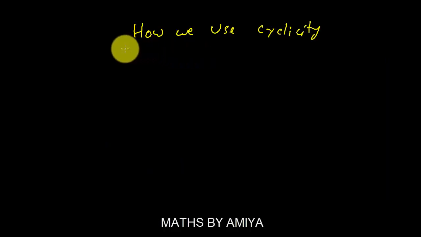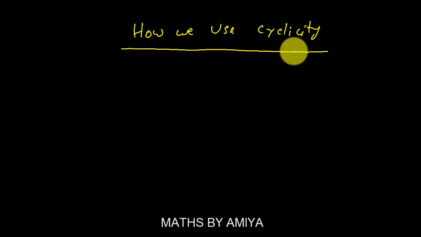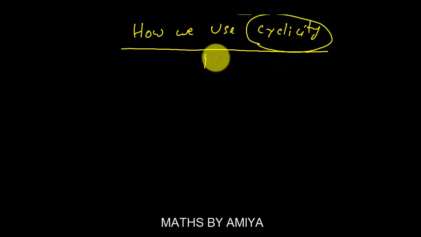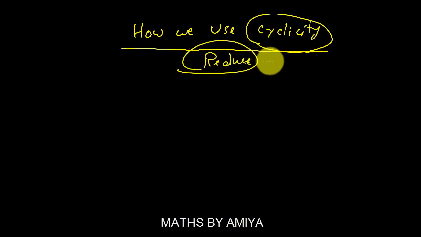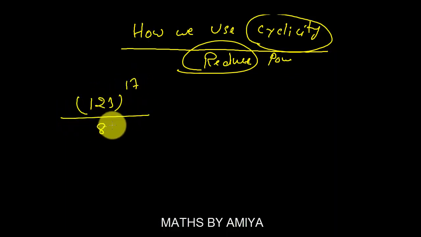Now, the most important thing is how we use cyclicity. The use of cyclicity is not to find the remainder, but to reduce power. Please, the only use of cyclicity is to reduce power. When you have 123 raised to power 17 divided by 8, what would be the remainder?